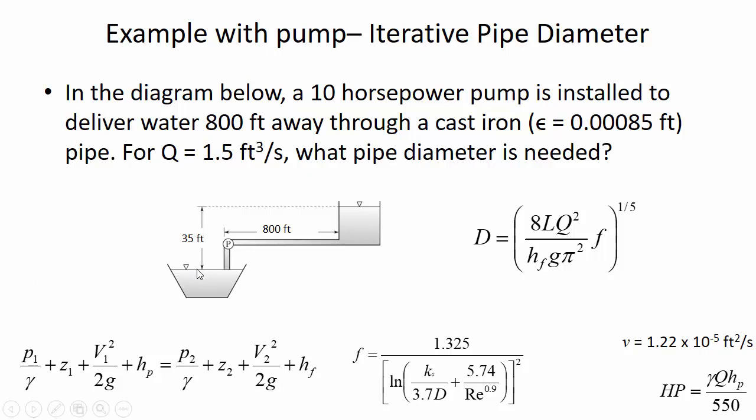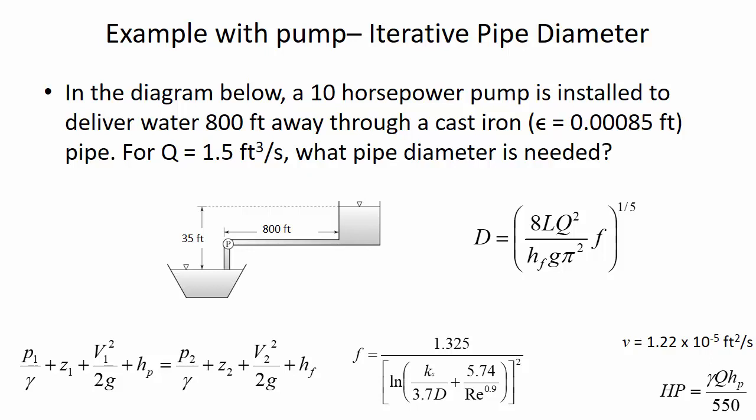Location 1 will be our origin here at the lower reservoir, and location 2 is going to be the water surface at the upper reservoir. So let me write that on the board. The first thing that we're doing is considering the energy equation, and we're going to cancel out the terms that don't apply.